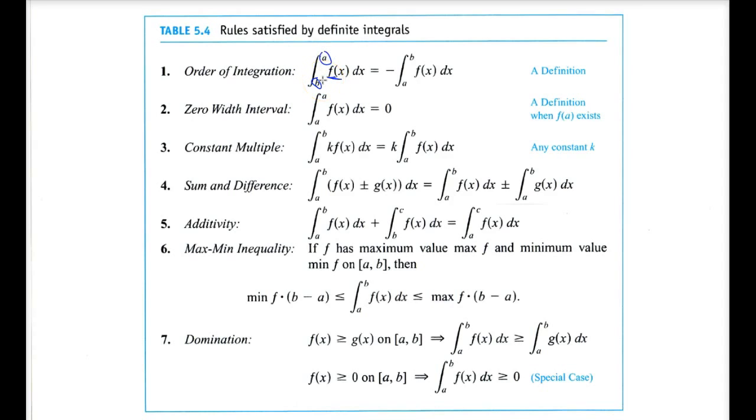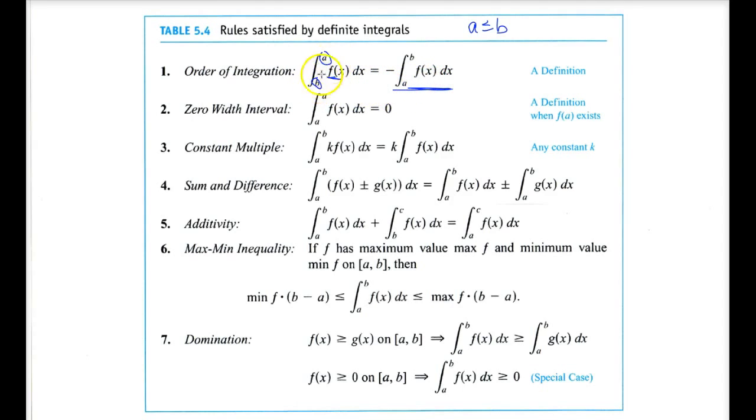The assumption is that when we do all these rules, A is less than or equal to B. In the case where we have B down here and A up here, it's like we're looking at the area backwards, if that makes sense. And so what we're told to do is to basically flip everything around, but we're going to have to multiply everything by -1.